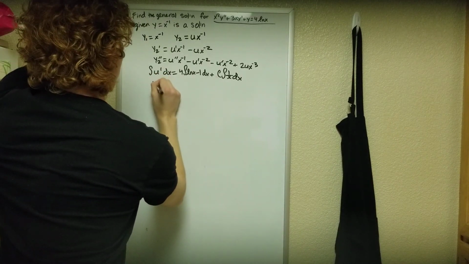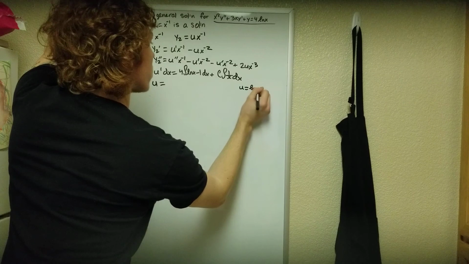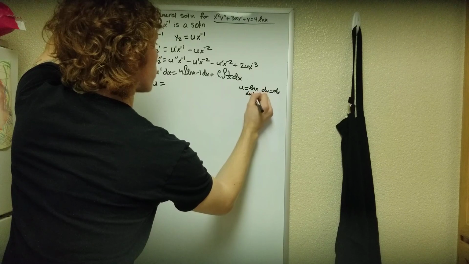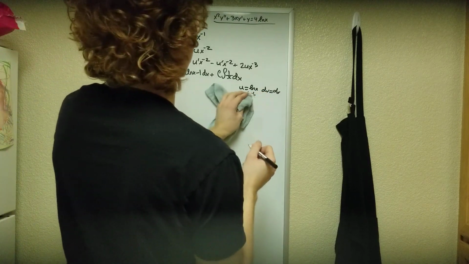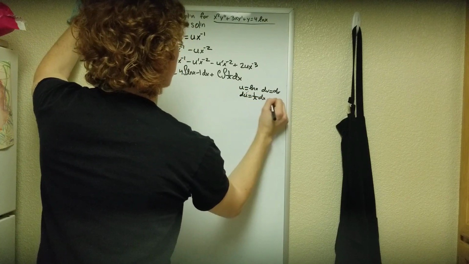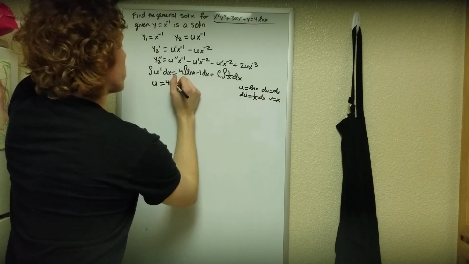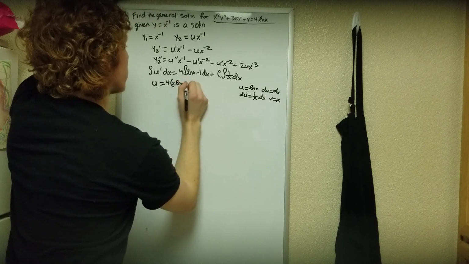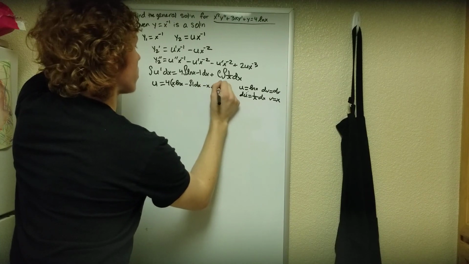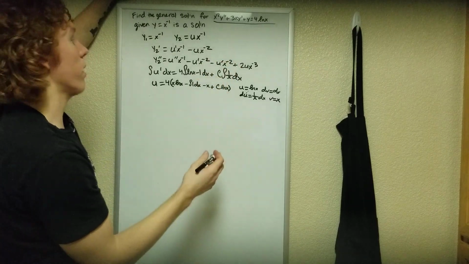So the left side ends up being u, that's nice and simple. We let u equal natural log of x, dv equals dx, du is equal to 1 over x dx, and v is equal to x. So u ends up being 4 times x natural log of x minus the integral of 1 dx, minus x, plus c natural log of x, because this integral just becomes natural log of x.